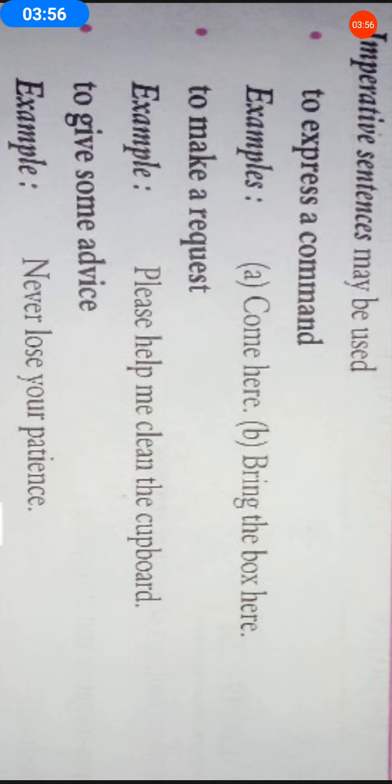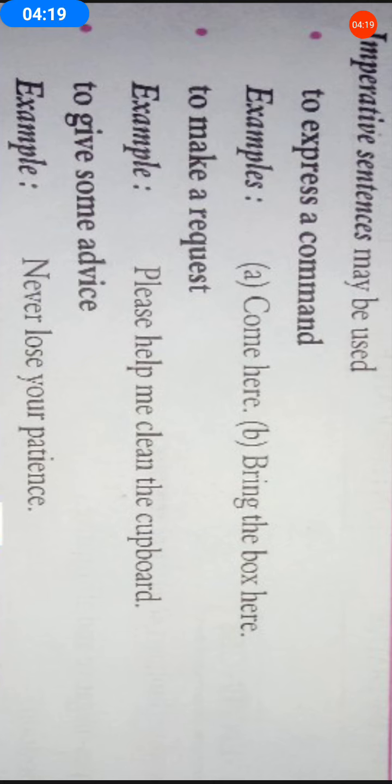We may use expressions to express a command. For example, come here. Another example, bring the box here. These two sentences, what do they express? Yes, they express a command.